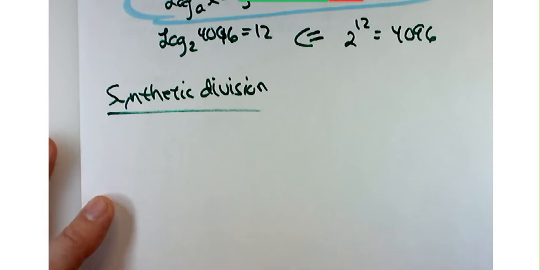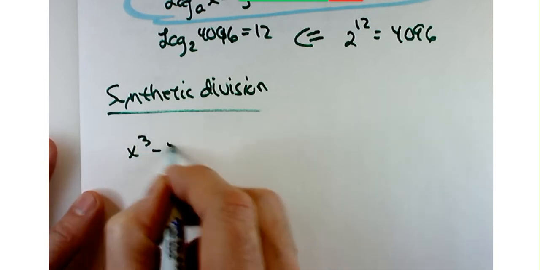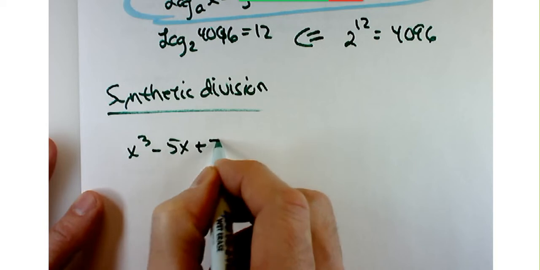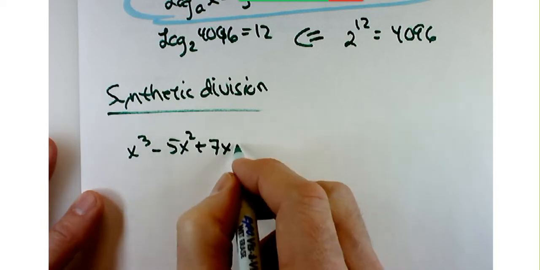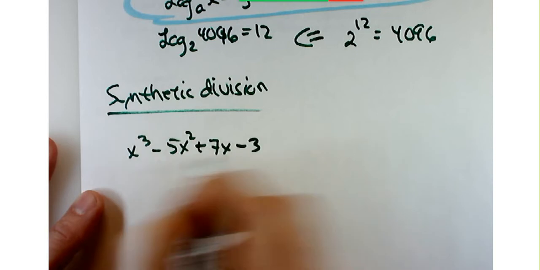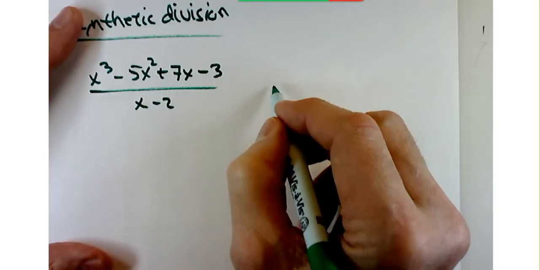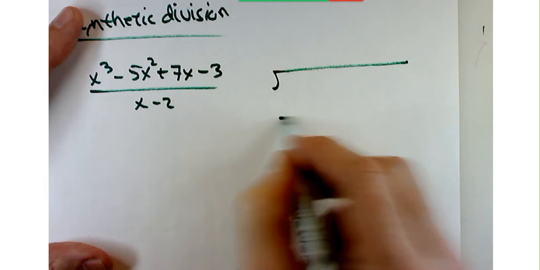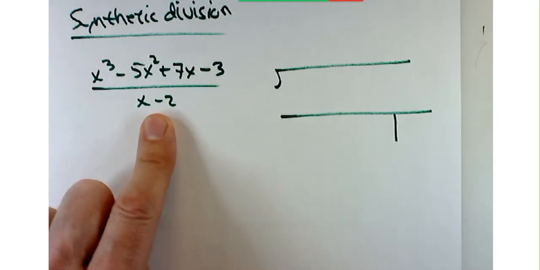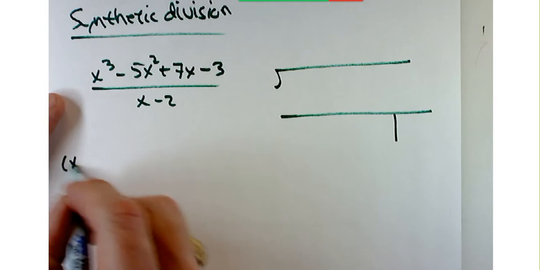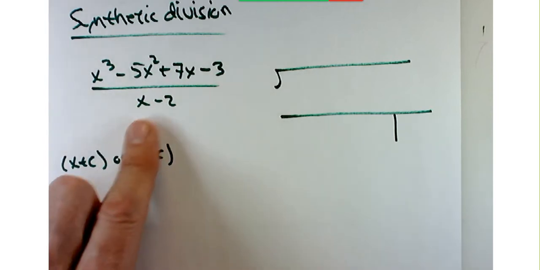But let's say x cubed minus 5x squared plus 7x minus 3 divided by x minus 2. I want this done synthetically, not by long division. You can use synthetic division when you're dividing by x plus a number or x minus a number. So it's actually going to work here.